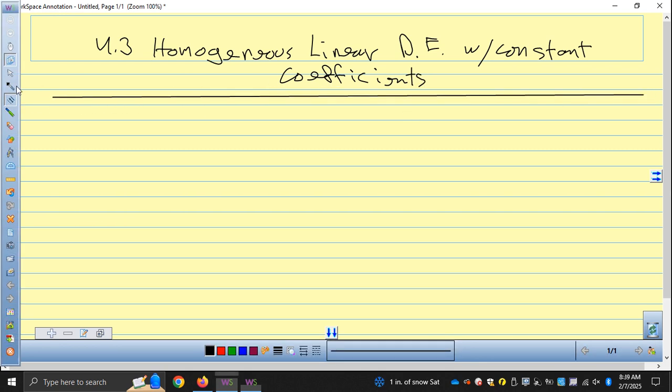So I want to start by looking at a first order linear homogeneous differential equation with constant coefficients. So a y prime plus b y equals 0.